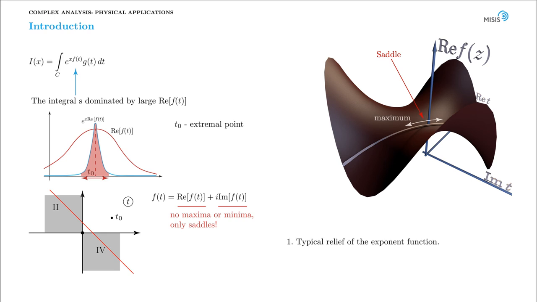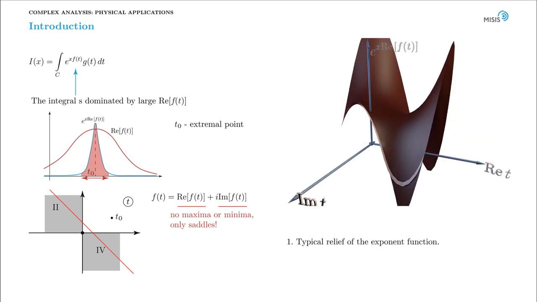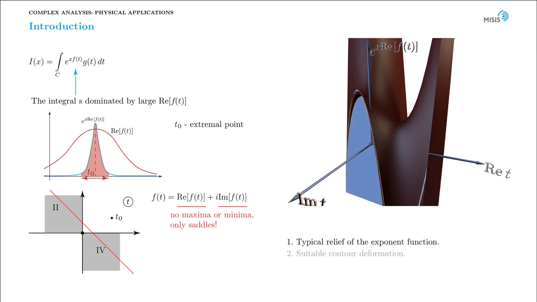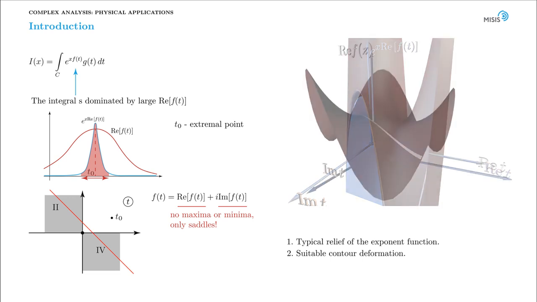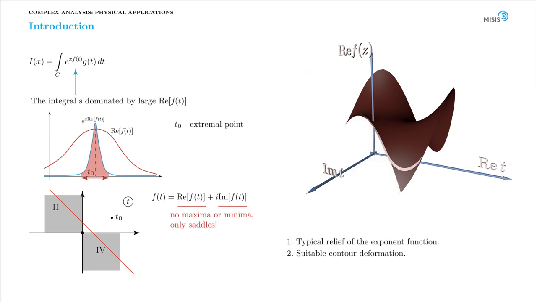It can still have maxima along the path. The larger the parameter x, the sharper the peak of the modulus of the exponential function. Second, we can always deform the contour so it passes through the saddle. Just notice that the peak becomes even sharper when we choose the right angle of the plane of the contour.